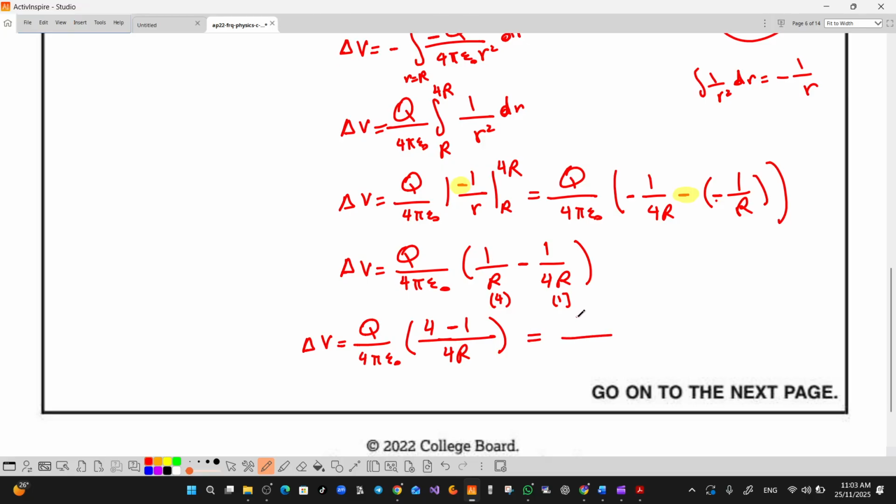So the final answer is 3Q over 4R times 4 pi epsilon 0. 4 times 4 is 16 pi epsilon 0 R. And this is the relationship of the potential difference from R, from the surface of the sphere, up to 4R.